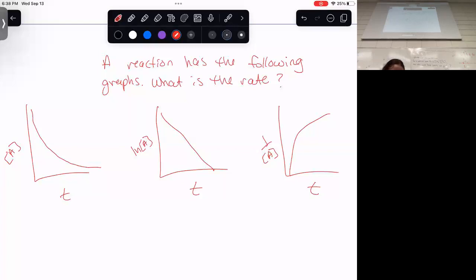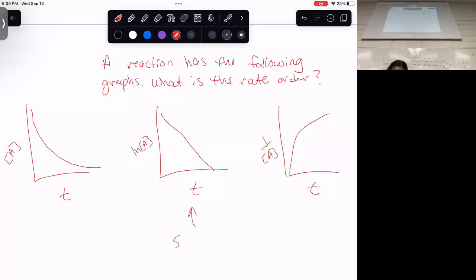So this one we have a reaction with the following graphs. What is the rate order? Why is it first order?